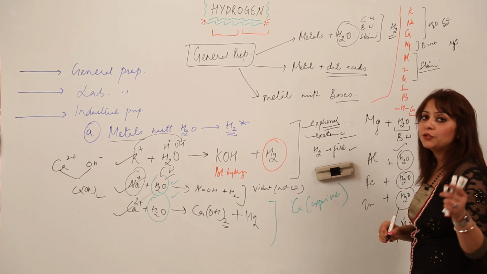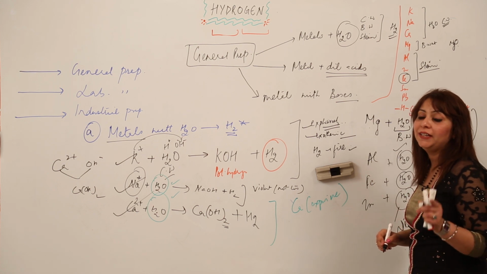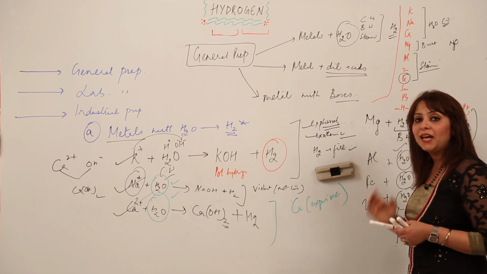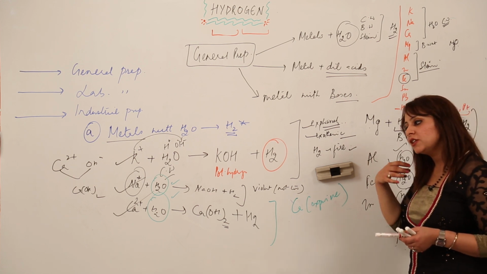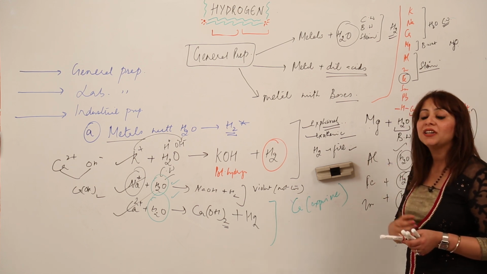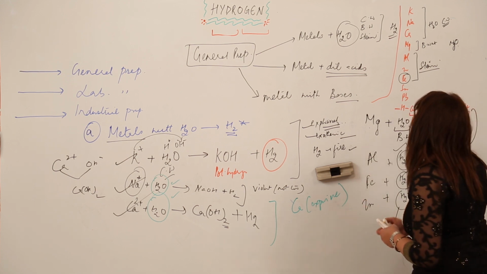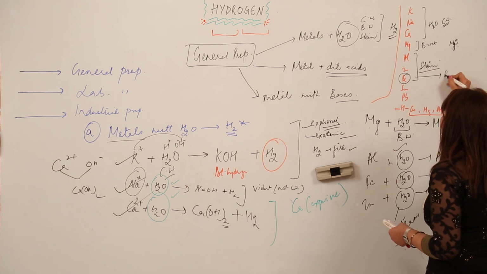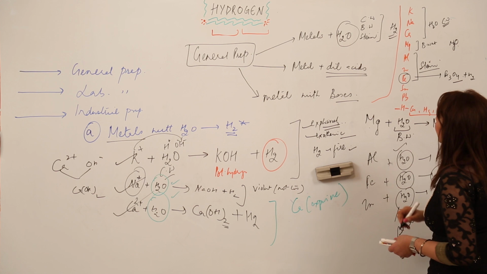And I told you, you need to remember that iron, instead of forming the ferrous oxide, forms the ferric oxide. Keep in mind, I am repeating this again and again because this is the major mistake all of you make. You remember that you have to form the oxide, but instead of forming ferric oxide, you form ferrous oxide, and that is wrong. So you have to form the ferric oxide, right? Along with this we get H2.